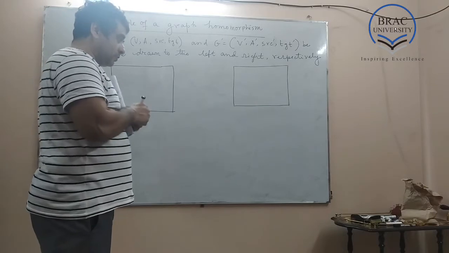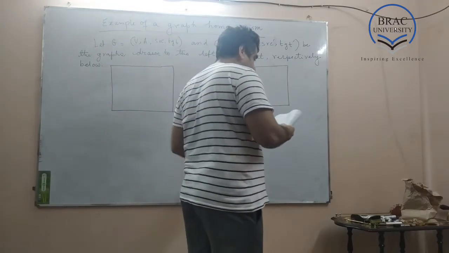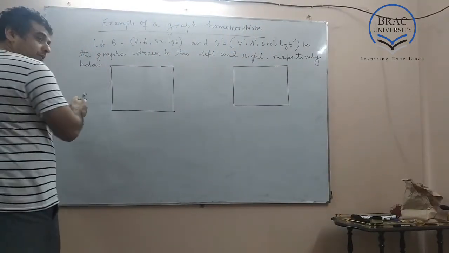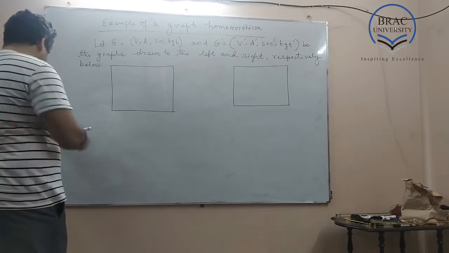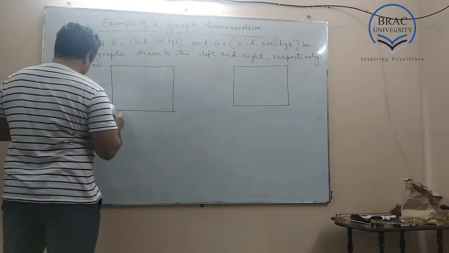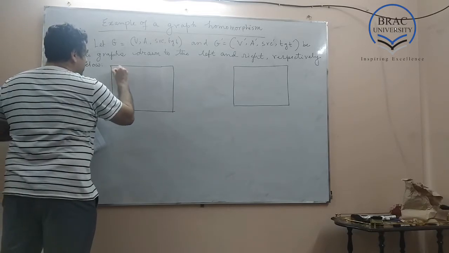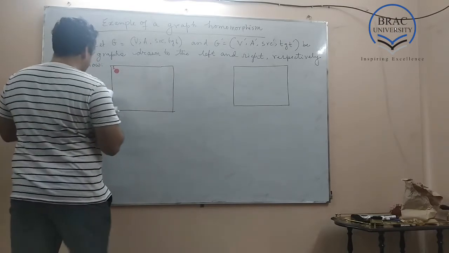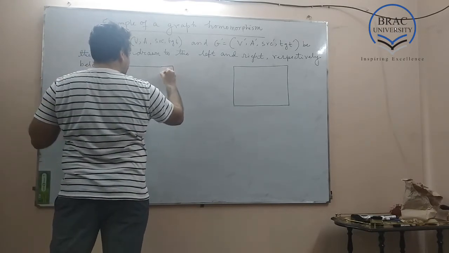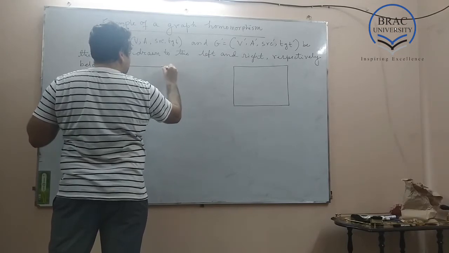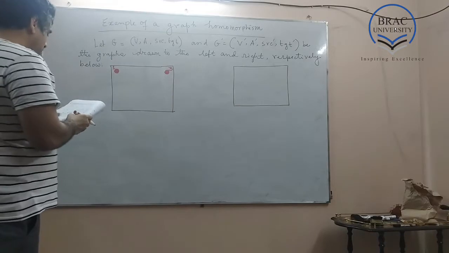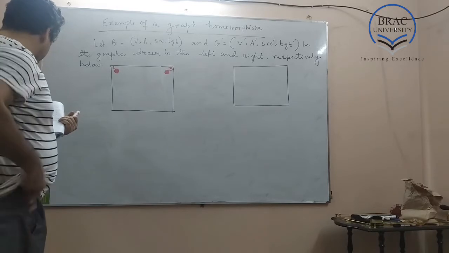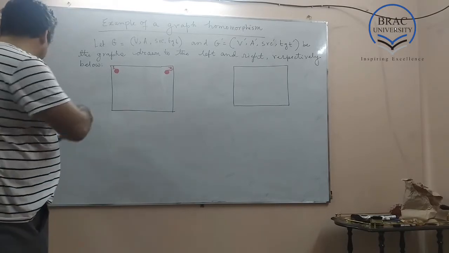So now we have to use markers with different colors again. There is a vertex here, drawn red, labeled by 1, and there is another vertex of the same color, 3. There is a green vertex, 2.